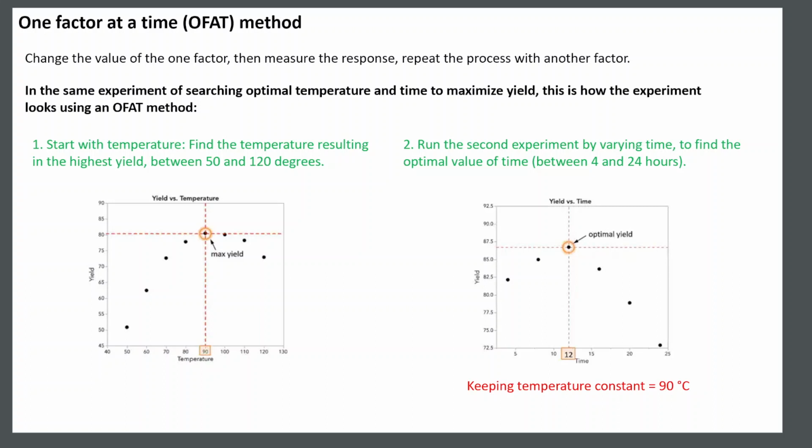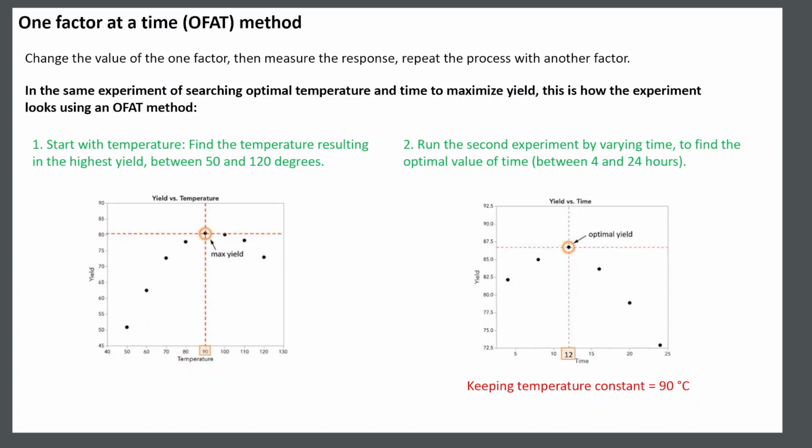Actually, with an increase in temperature, as we have seen, there's an increase in yield, but it is not monotonically increasing. Up to a certain point, like 90 degrees Celsius, it is increasing and giving the maximum yield, and then it starts to decrease.